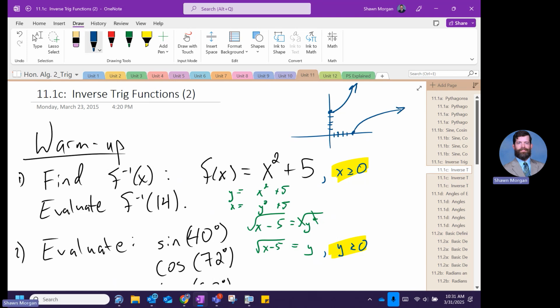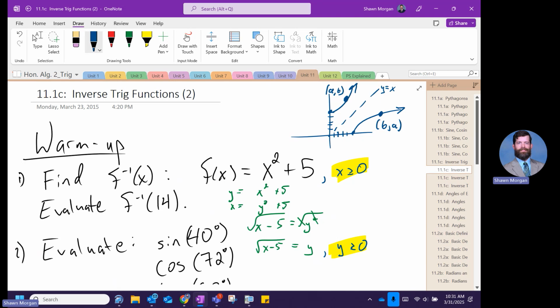Now, who remembers what they're symmetrical about? The line y equals x, right? And if I gave you a point (a, b) on the function, (b, a) is on its inverse. All of that is from a few chapters back, maybe even in November or December. It's been a minute. Can't forget it though.